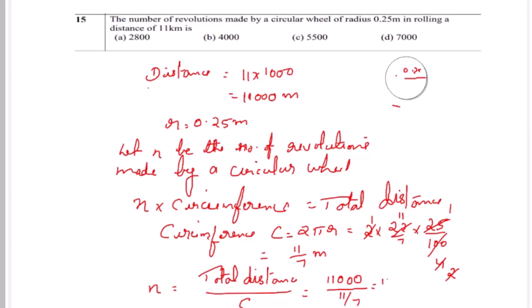That is equal to 11,000 into 7 by 11. 11 and 11 get cancelled. That is equal to 7,000. So the number of revolutions made by the circular wheel is 7,000. So the option here is D. So this is the answer. Option is D.